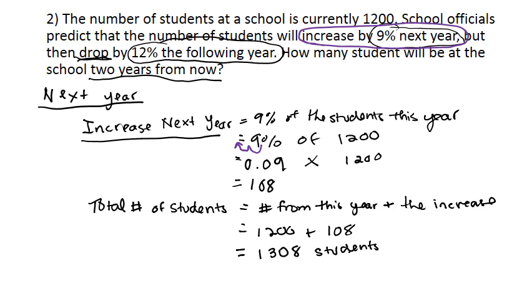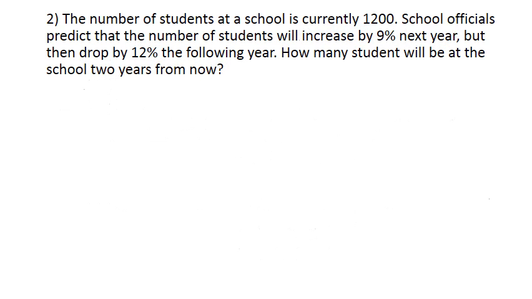However, the question wasn't asking how many students there'll be next year, it's asking how many students there'll be 2 years from now. And now we need to look at the second part of the question. I'm going to move on to the next slide just so we have it, but let's know that next year, we'll have 1,308 students. Okay, now let's look at what's going to happen 2 years from now.